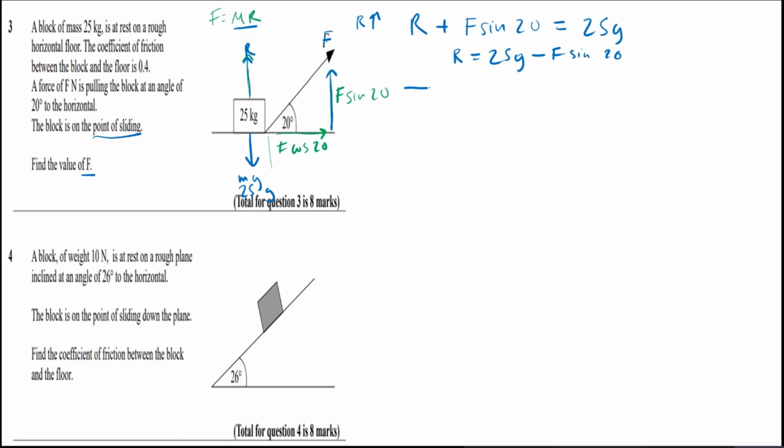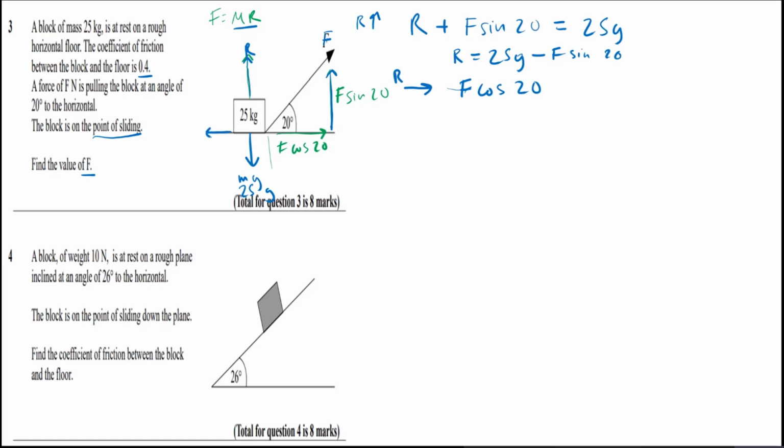So the only other thing we can do is resolve horizontally. So we're going to get F cos 20 equals, there's the friction, right?